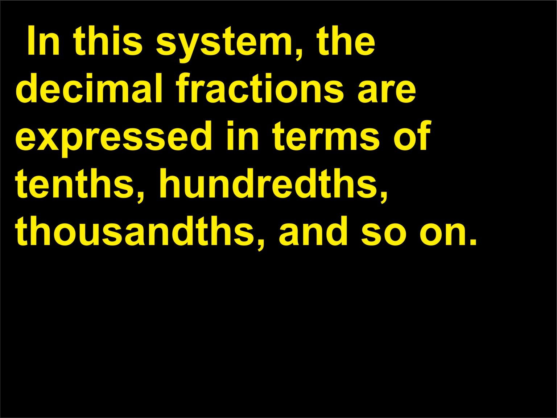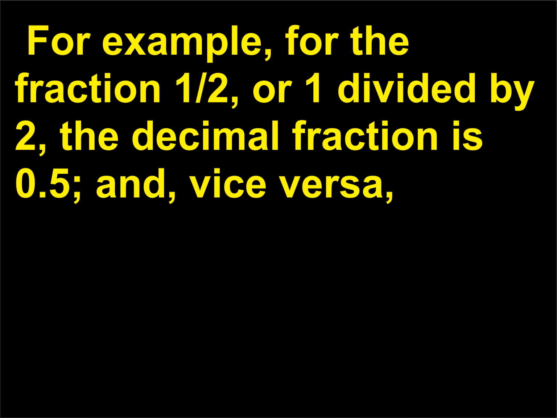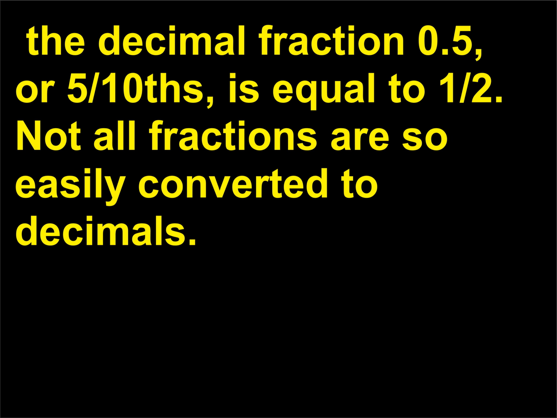In this system, the decimal fractions are expressed in terms of tenths, hundredths, thousandths, and so on. For example, for the fraction 1/2, or 1 divided by 2, the decimal fraction is 0.5, and vice versa. The decimal fraction 0.5, or 5/10ths, is equal to 1/2.